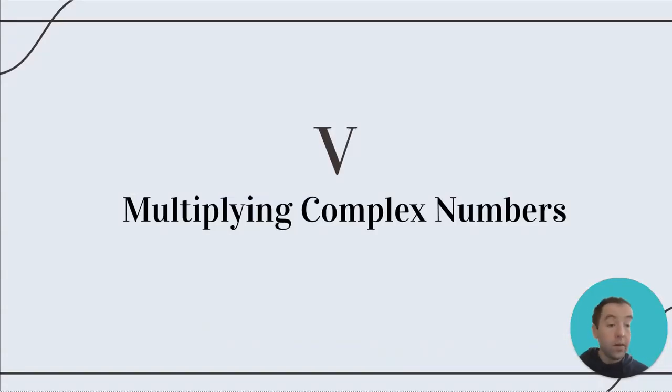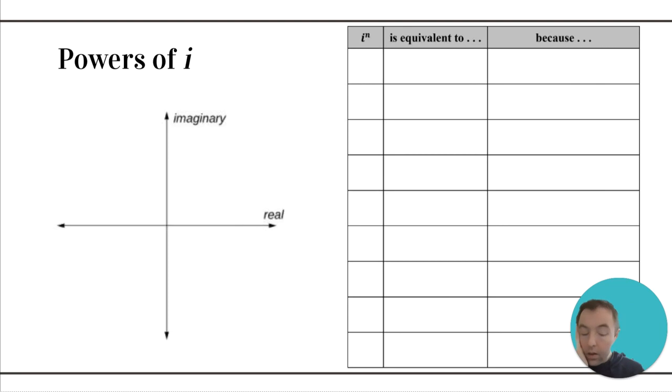Great. Okay, so let's get into multiplying then. In order to understand multiplication of complex numbers, there's one thing that we need to understand first of all, and that would be multiplying powers of i. So we're going to start off by denoting what i is equivalent to. I did put it in the second row purposefully here because I'm going to put something before it.